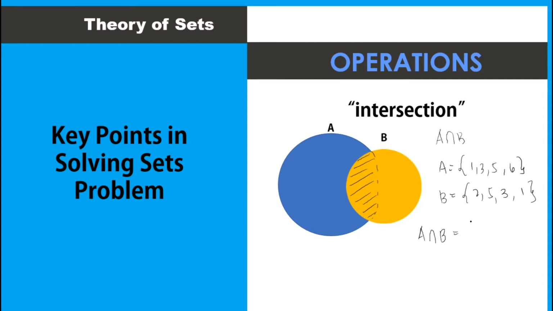Comparing, set A has 1, and set B also has 1, so 1 is in the intersection. We also have 3, and we have 5. So the elements common to both sets make up the intersection.